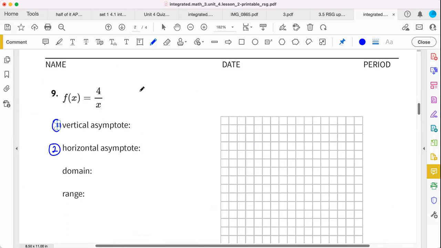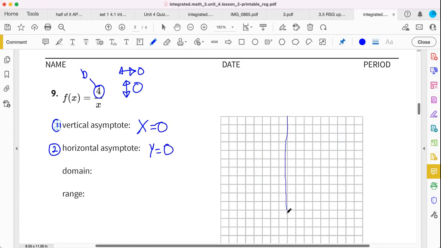So you're not going anywhere: left, right, 0, up, down of 0. You do have this vertical stretch factor of 4. So what can you say here? You're not going anywhere, so your vertical asymptote is still where x equals 0. Your horizontal asymptote is still where y equals 0.